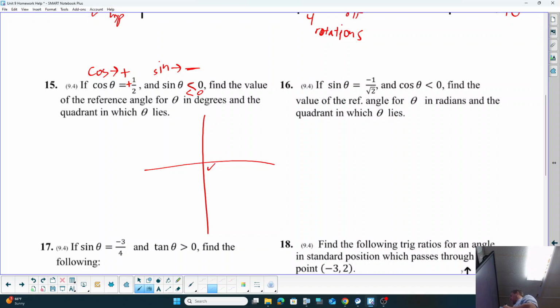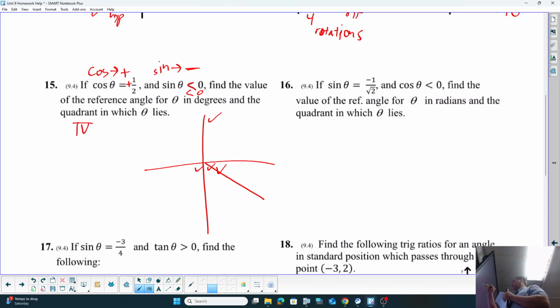Sine is negative here and here, and cosine is positive here and here. So we are in the bottom right quadrant.